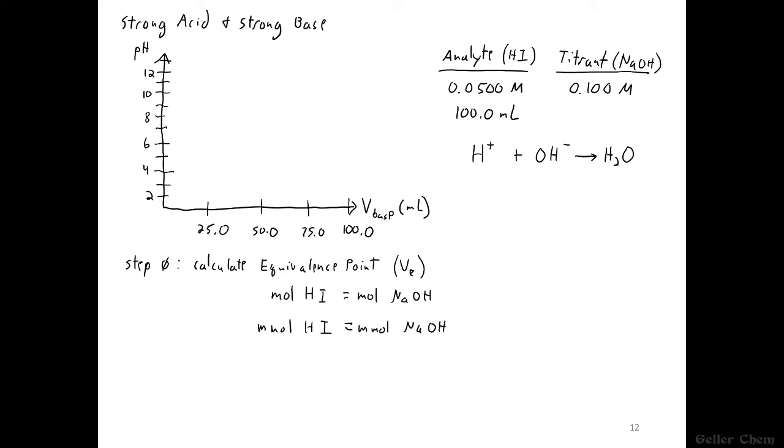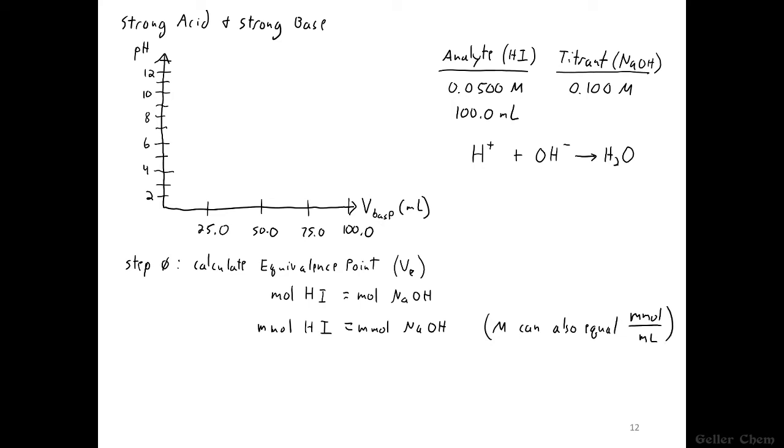And the reason we're thinking about millimoles is because our volume is in terms of milliliters, and yet concentrations, like molarity, tend to be thought of in terms of moles per liter, and I don't want to have to keep converting from milliliters to liters. So we're going to say that a unit of molarity can also equal a millimole per milliliter.